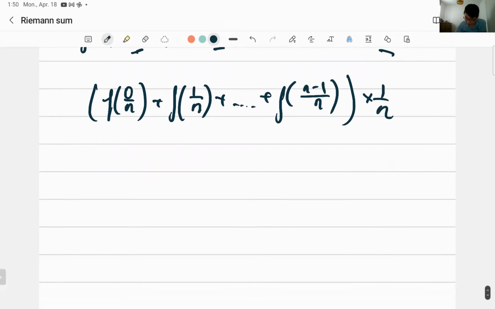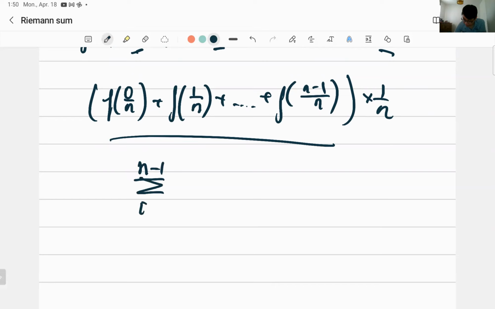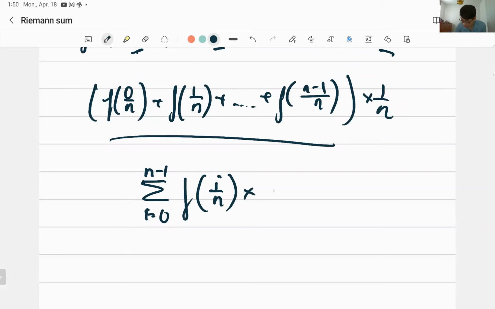I can write this again in terms of a sigma sum, starting from 0 and ending at n minus 1, of f of i over n times 1 over n.